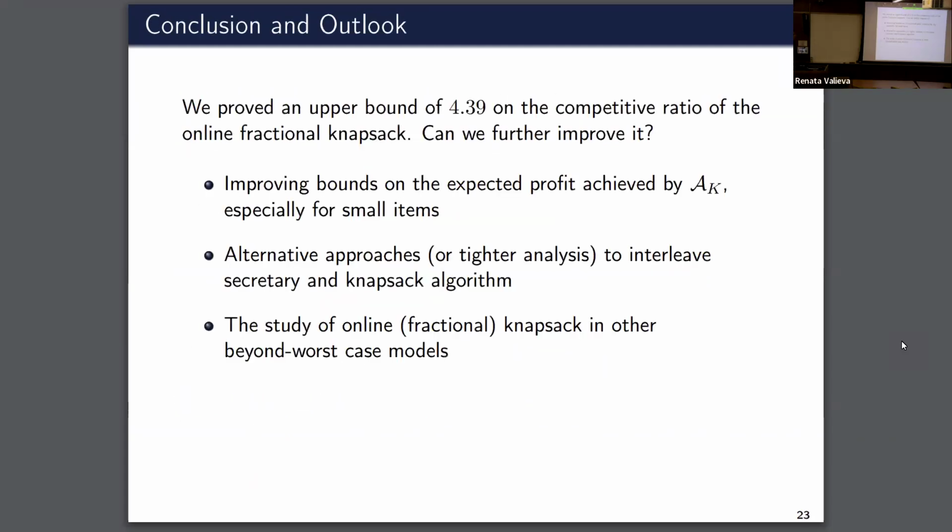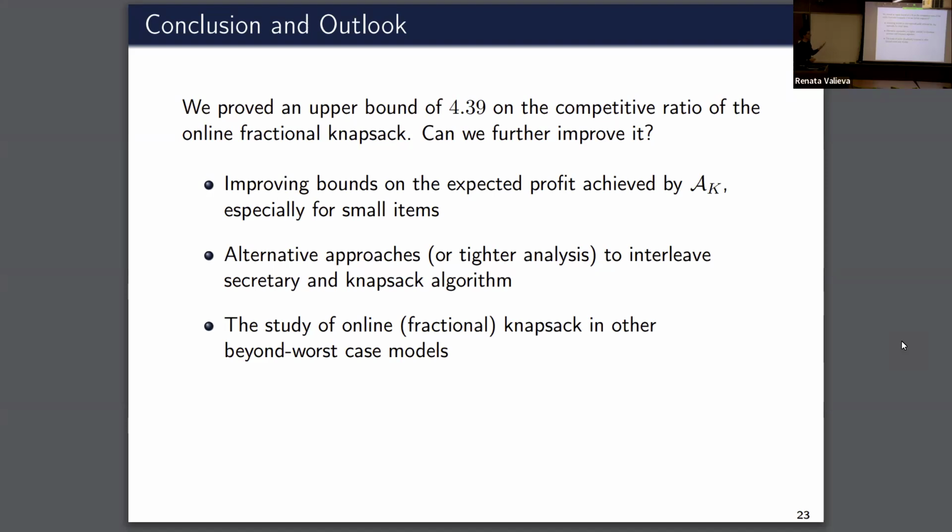Okay, some future directions that I find interesting. We saw the 4.39 competitive ratio is achieved by the combination of the knapsack algorithm and the secretary algorithm. The secretary algorithm has been well studied, so it's unlikely that it can be improved, at least for this setting.